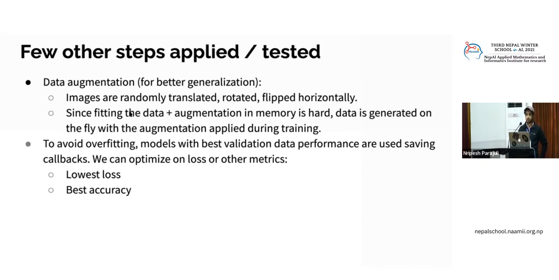I didn't truly do this, but one thing to remember is, especially when you have a really large data set, data augmentation should be implemented on the fly. You don't do data augmentation at the beginning and store all your augmented data and then start training the model. Your model training can be connected to a data generator that does the augmentation on the fly.